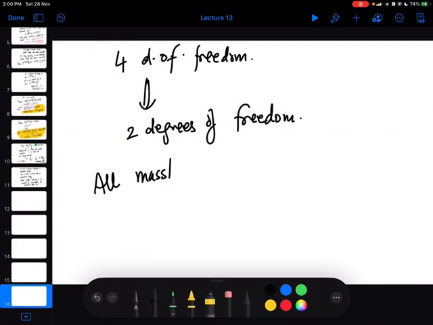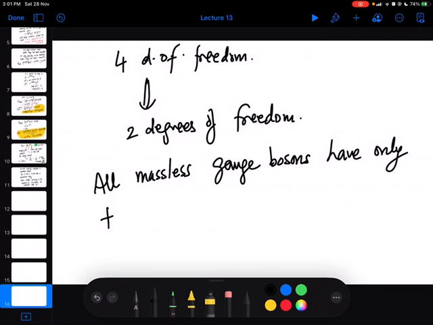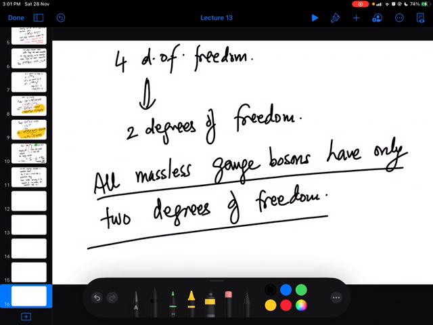All massless gauge bosons have only 2 degrees of freedom.